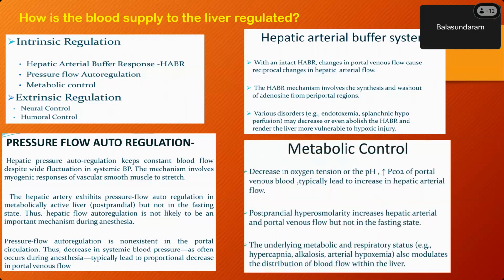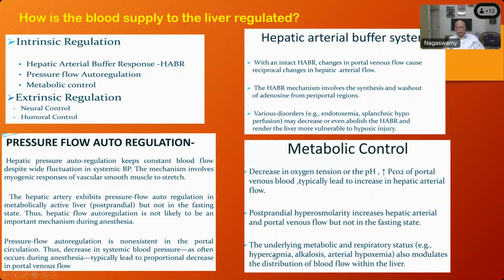Then the third factor of the intrinsic regulation is the metabolic control: decrease in oxygen tension or pH, or increase in PCO2 of portal venous blood, leads to increase in the hepatic arterial flow. Postprandial hyperosmolarity also increases hepatic arterial flow and portal venous flow, but not in the fasting state.